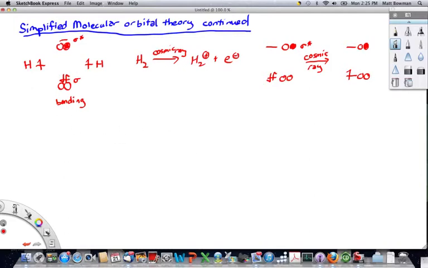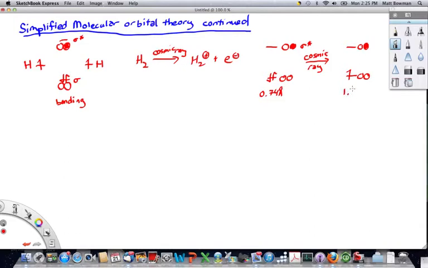Normally, when you have the 2 electrons in the bonding orbital, the bond distance between them is 0.74 angstroms. But in this case, you only have 1 electron in the bonding orbital. As a result, the nuclei aren't as closely held together as possible.